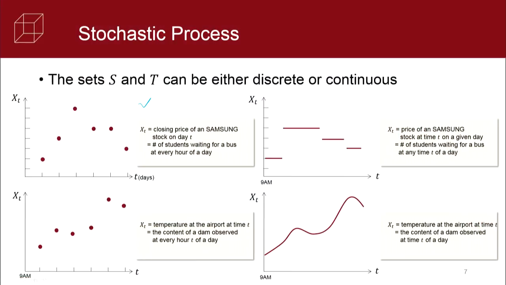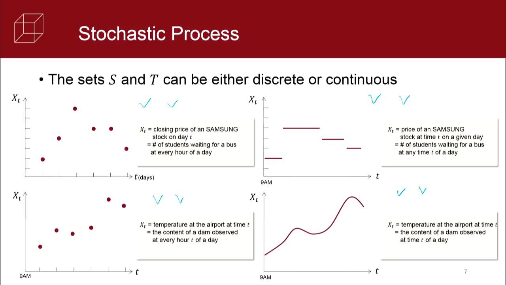These two cases are examples where the state space is discrete, and these two cases represent the situation where the state space is continuous. And these two cases represent the situation where the time index, the time space, is discrete, while these two cases represent the situation where the time space is continuous.